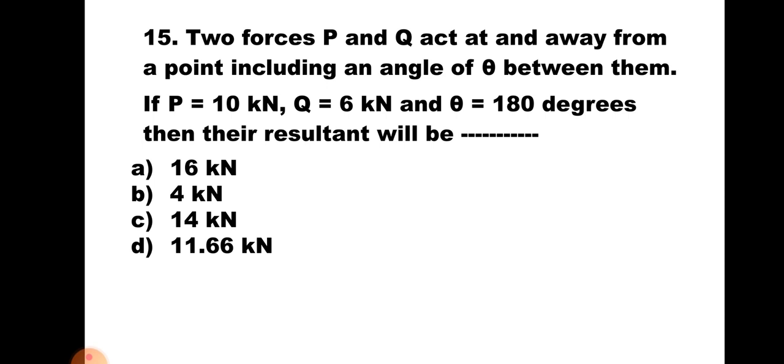So their resultant will be nothing but P minus Q simply. You can get the same answer by substituting the correct values of P, Q and theta in the appropriate formula. Now if theta is 180 degrees, resultant will be P minus Q, hence it will be 10 minus 6, that is 4 kilonewton, and the correct answer is B, 4 kilonewton.